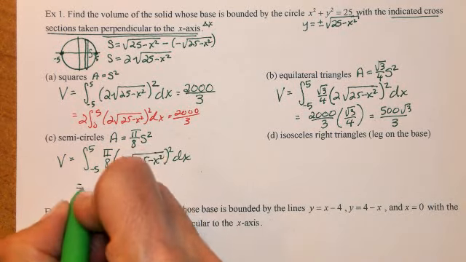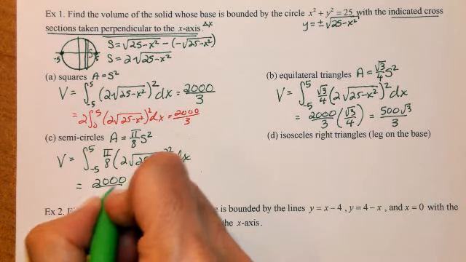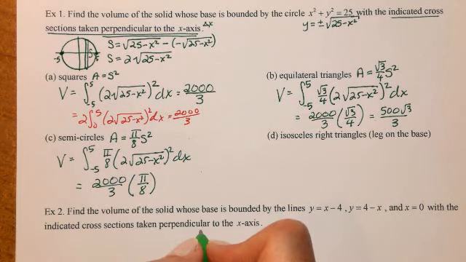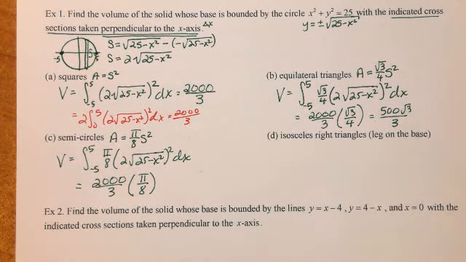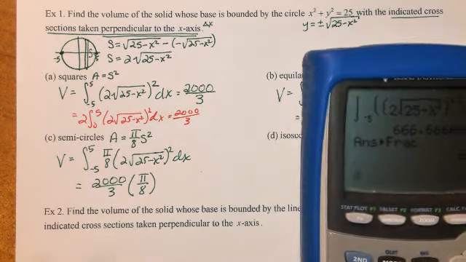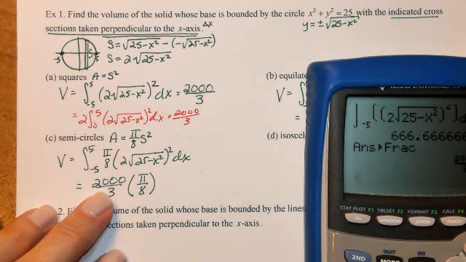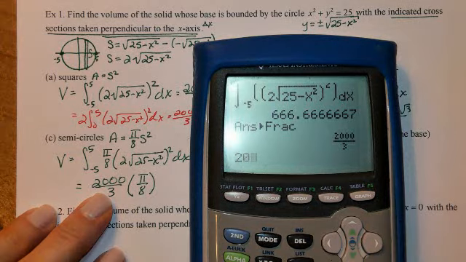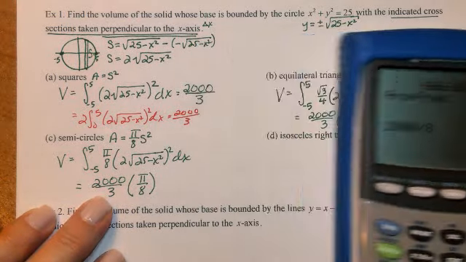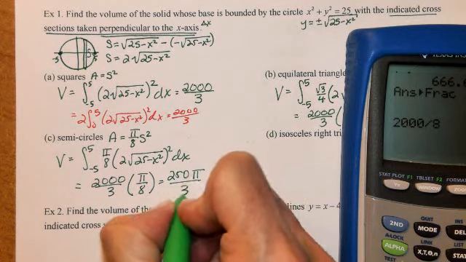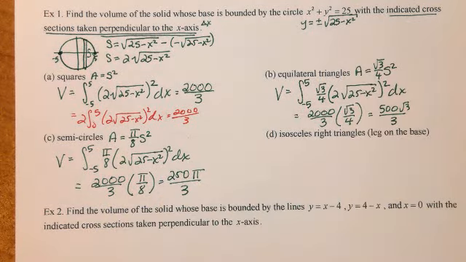So this will be just 2,000 over 3 times pi over 8, right? What's 2,000 divided by 8, you guys? 250. So 250 pi divided by 3, if we needed to reduce to get a multiple choice answer.